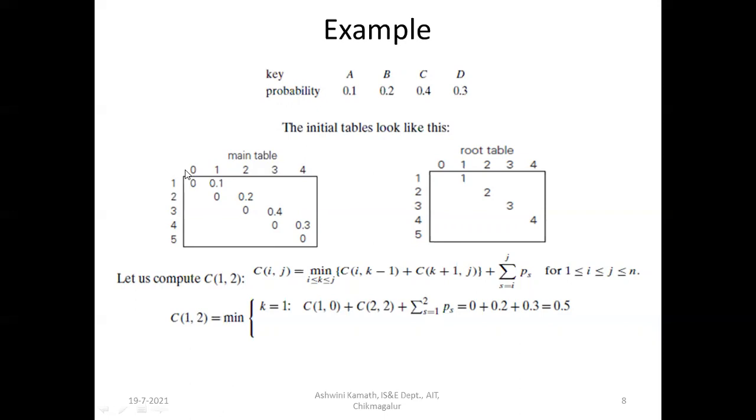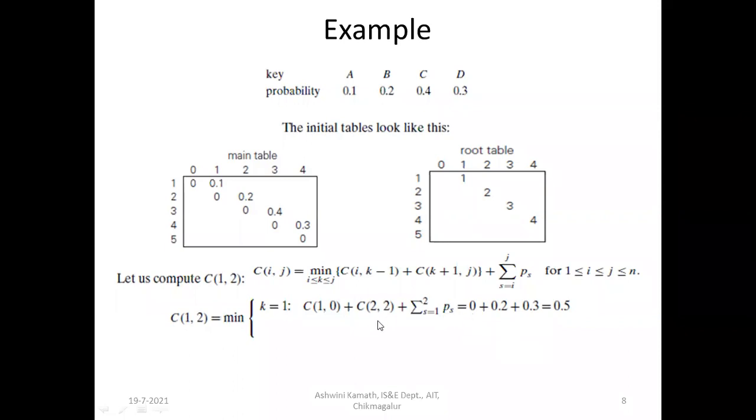The j value is 2. This is C of 1, 2, where 1 is i and 2 is j. Then from i to j you add all the probabilities, when s is equal to 1 to 2.